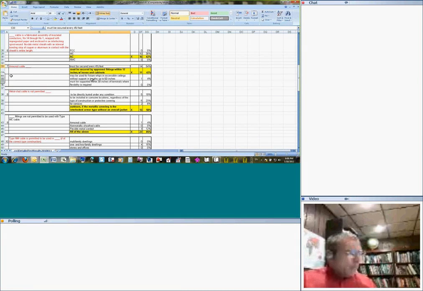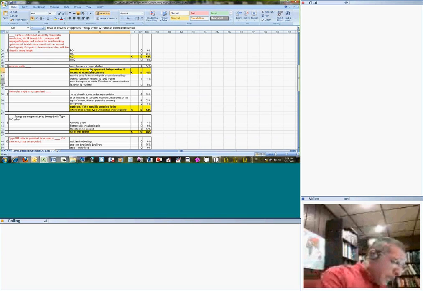That's why 54 of you guys got must be secured every 4.5 feet. MC cable, if it's a big cable, could be secured at longer distances than that, and you guys can refer to MC cable if you don't believe me.